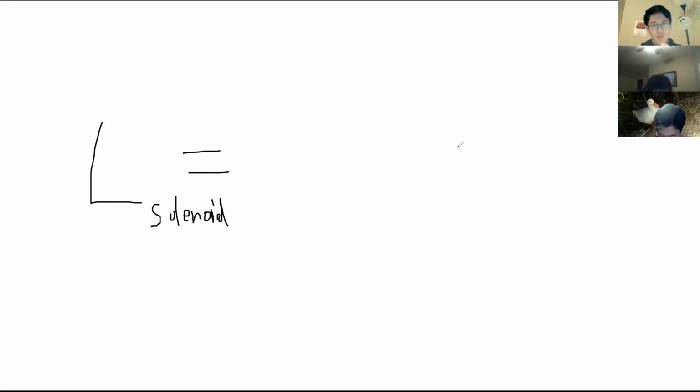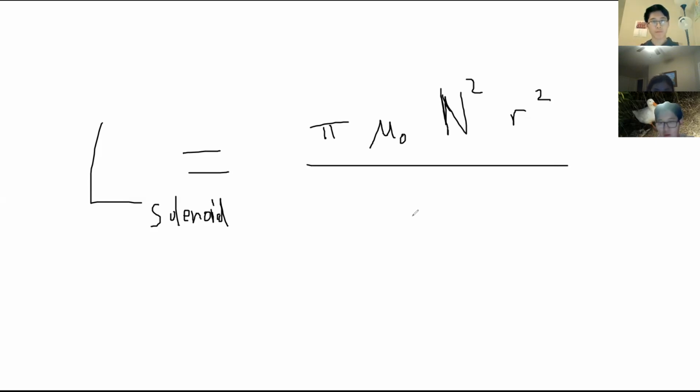Oh, there it is. It's pi mu naught N squared, big N squared, the total number of turns in the solenoid, times r squared, divided by the length of the solenoid. I derived this from the equation that Kevin had on his sheet.